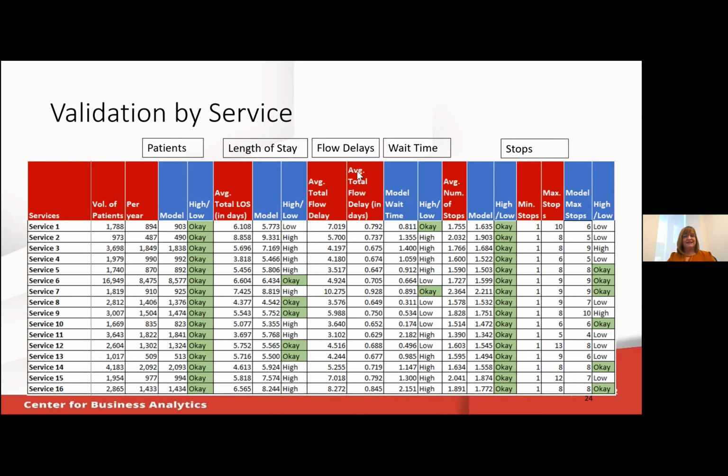Flow delays: in the example I talked about, I had a patient in an ICU bed waiting for a bed in 7 Northwest, and there wasn't one available. They stayed in that ICU longer than they really needed to. We would have called that a delay and captured that wait time for a bed to show up there. We also looked at stops: how many stops were patients making on average, and were we good there?